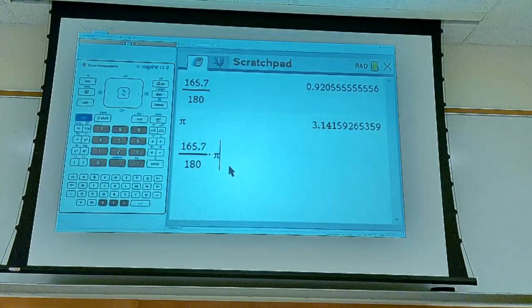So instead of doing the 0.9206 times pi, I'm going to put it in the original way: 165.7 divided by 180, then times that by pi. That's going to give you the most precise answer with the lowest error.